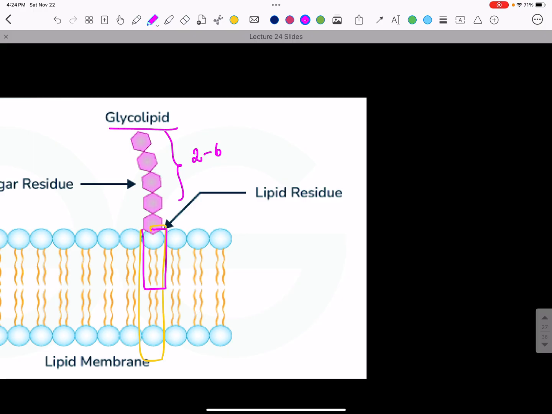The sugar moieties are going to be used as some sort of receptor. So these are extremely useful because they're very specific, so they lead to interaction with signal molecules.